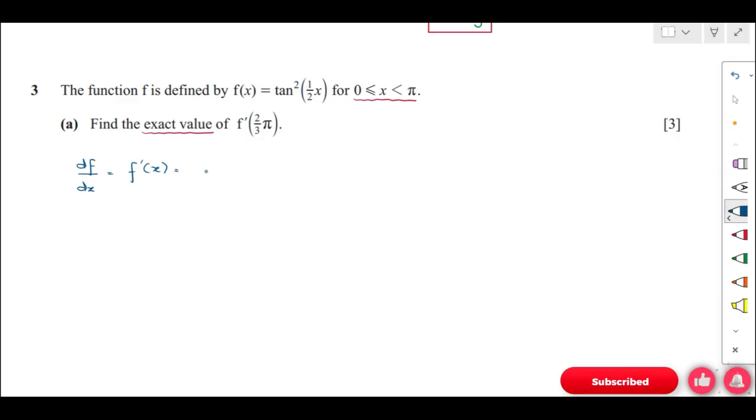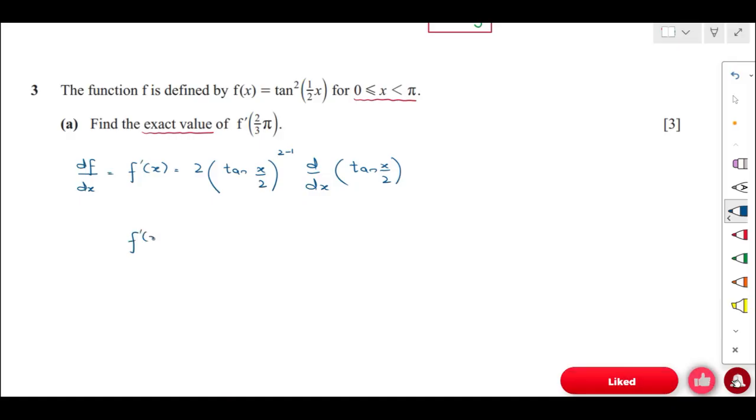So applying the power rule, so power is 2, the base function is tangent x by 2, power 2 minus 1, and the derivative d by dx of the base function, which is tangent x by 2, right?